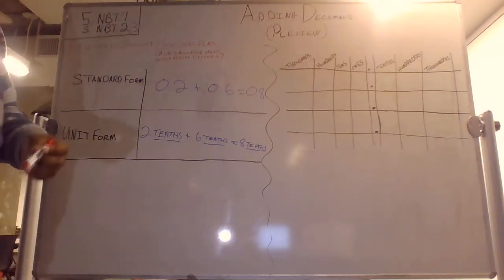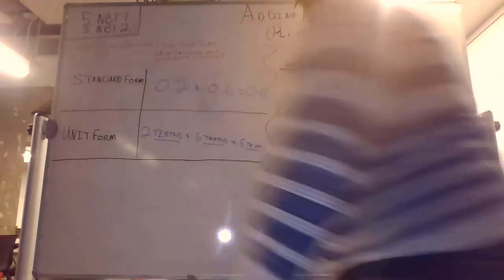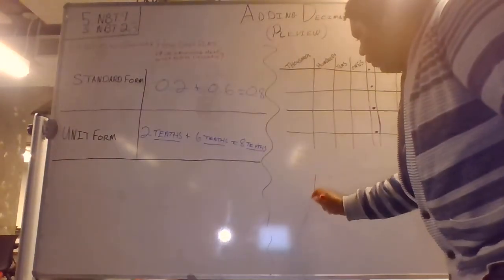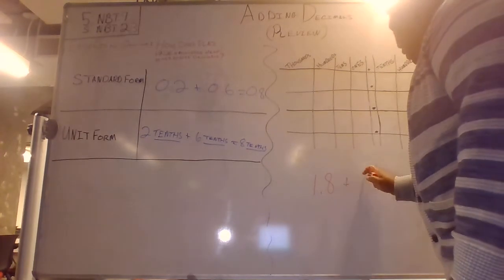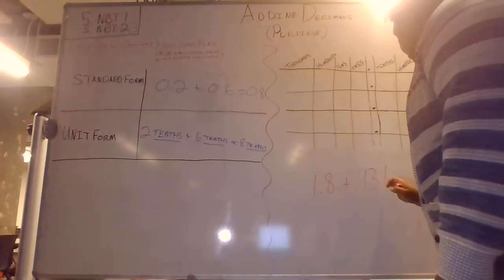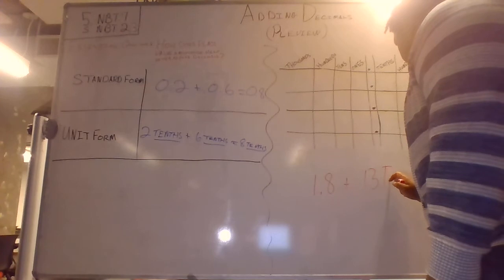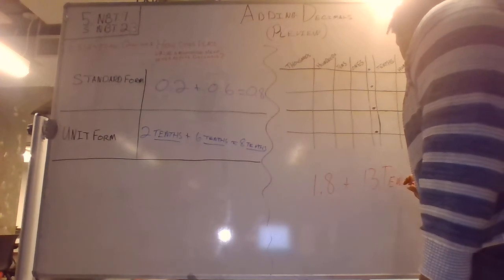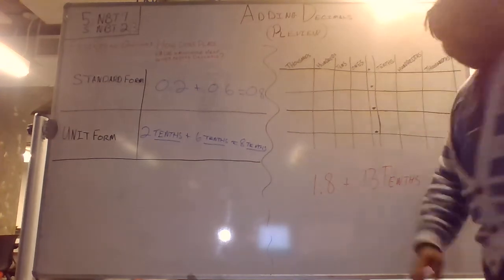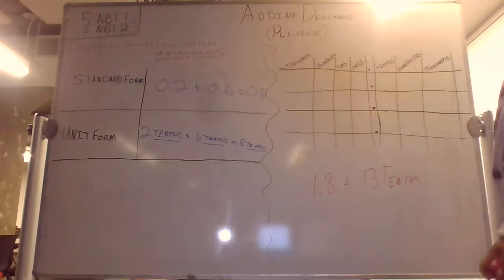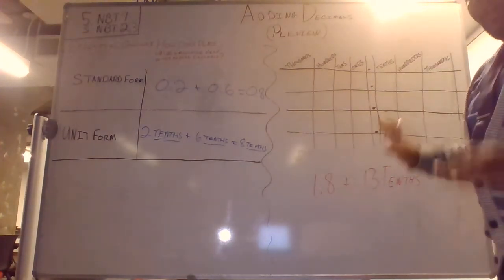Let's try 1 8/10 plus 13/10. So we're going to use the place value chart again.